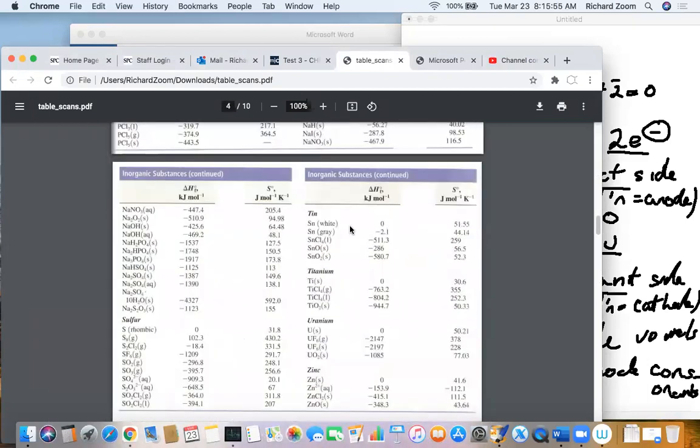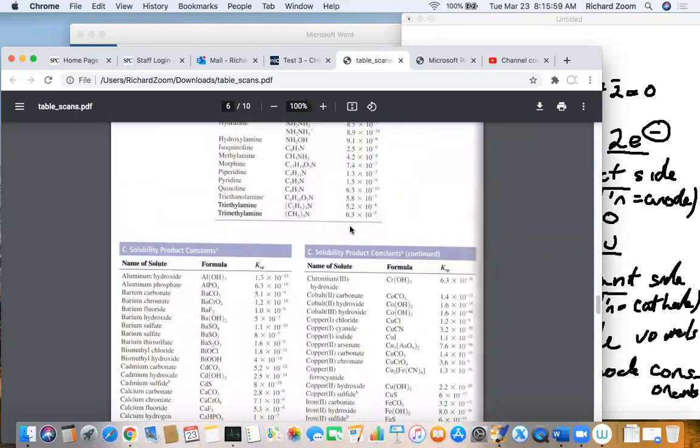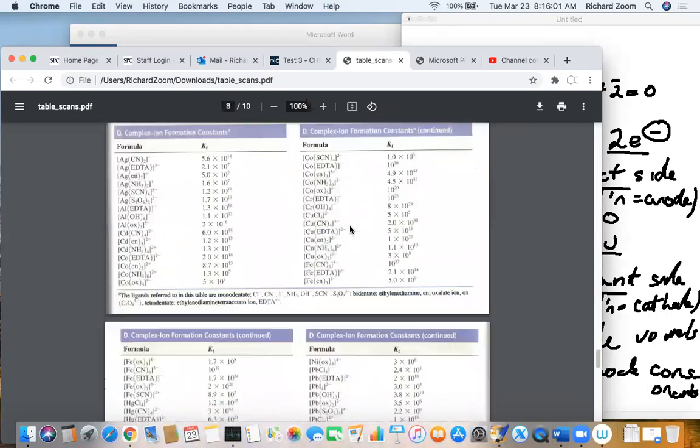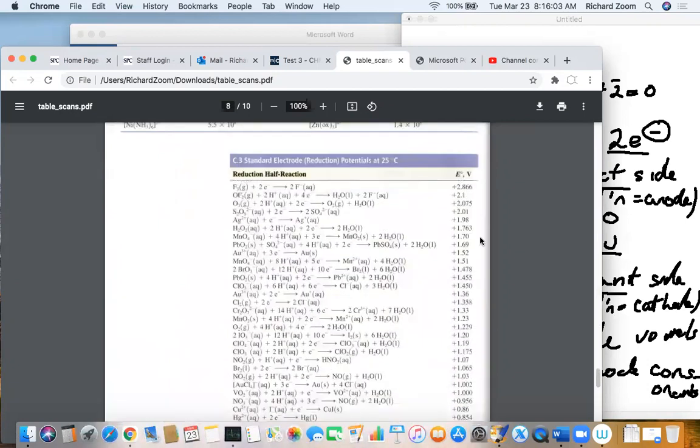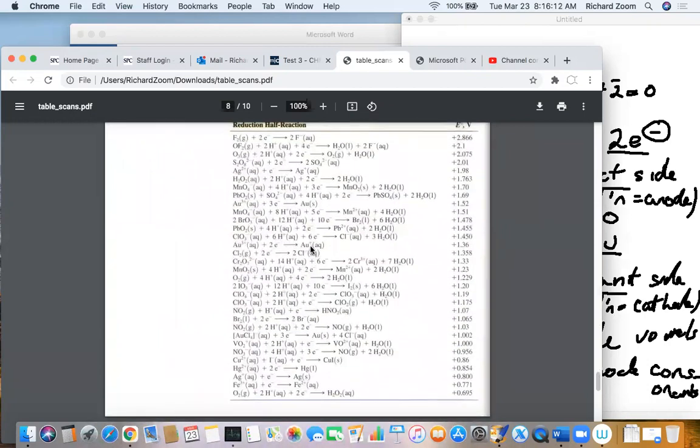Now I introduced these tables to you in the videos from last week, but also included in these tables are the electrode reduction potentials. You'll notice that every single one of these reactions is a reduction. It even says here, reduction half reaction. That's important, because all the electrons are always on the reactant side, so all of these are gaining electrons.